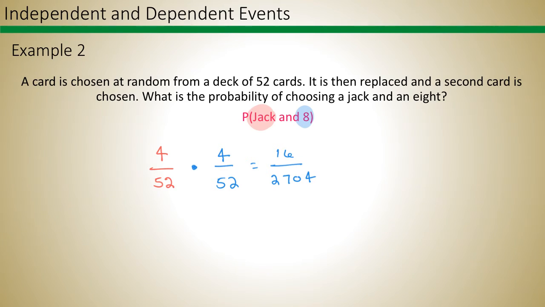So we have it as a fraction. Let's try to simplify this. If you just put this into your calculator and simplify, this simplifies to 1 out of 169, or 1 over 169, okay? If I put this as a decimal, it would be 0.0059.